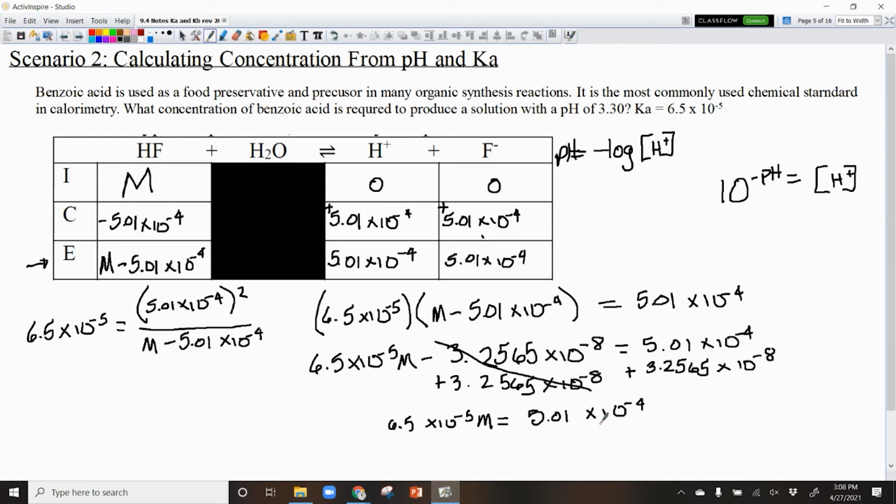Okay, but technically we had to do that. All right, so now if we divide both sides by the 6.5, we're going to get m is equal to 7.708.